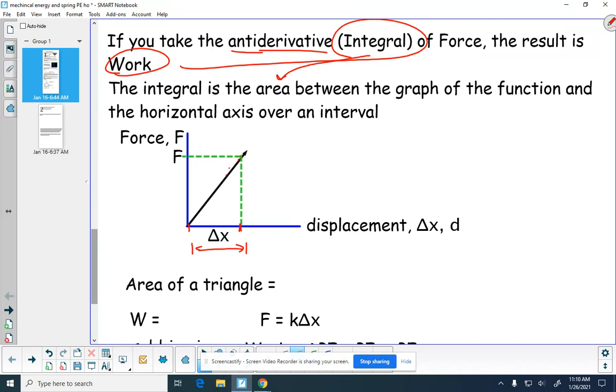Well, here's the graph of the function here, and the x-axis, which is here, over an interval. So what we're looking at here is this area right here. Well, what I have just shaded in is a triangle.